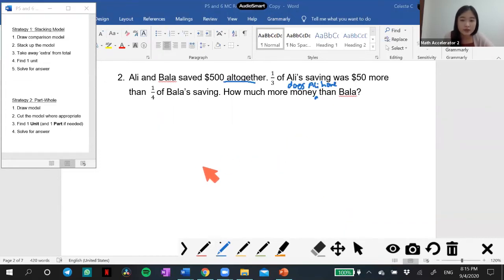Draw comparison model. Right, you have Ali and you have Bala. Keyword, $50 more than. So 1/3 of Ali's savings is $50 more than Bala.